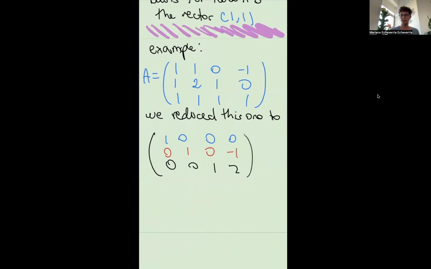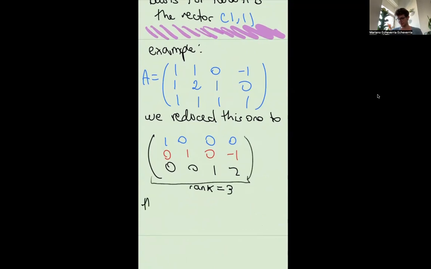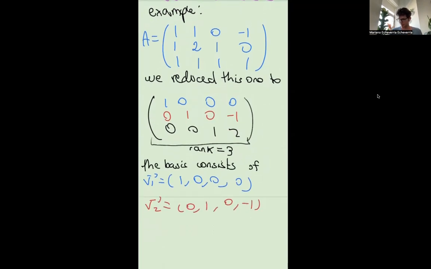So in this case, the rank was 3. That's what we had found before. So the dimension means that 3 basis vectors were needed. The basis consists of V1 being 1, 0, 0, 0, V2 being 0, 1, 0, -1, and V3 being 0, 0, 1, 2.